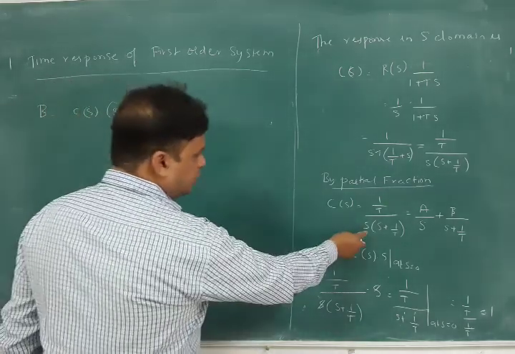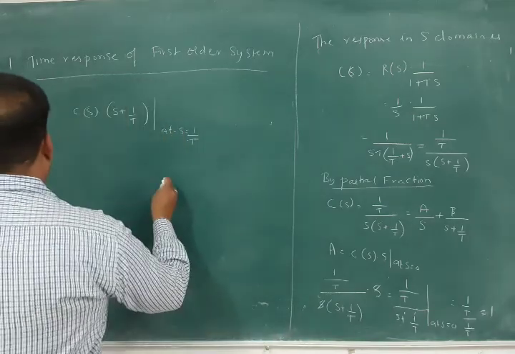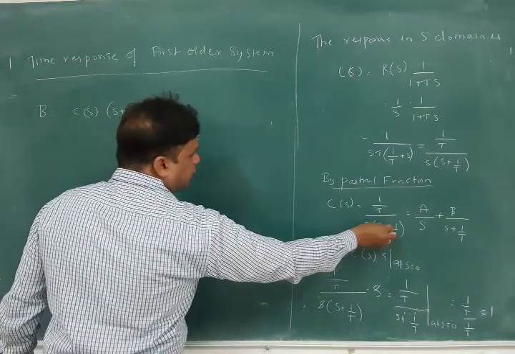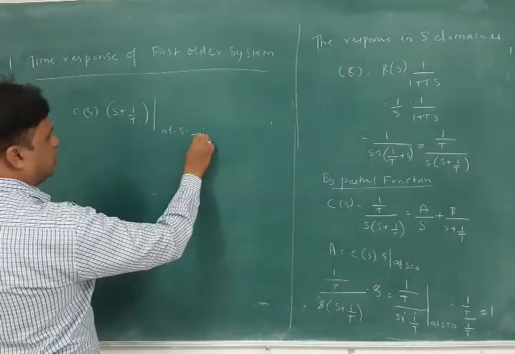Why? Because for a we took s equal to 0, and now we will take s plus 1 by t equal to 0, so s is equal to minus 1 by t.